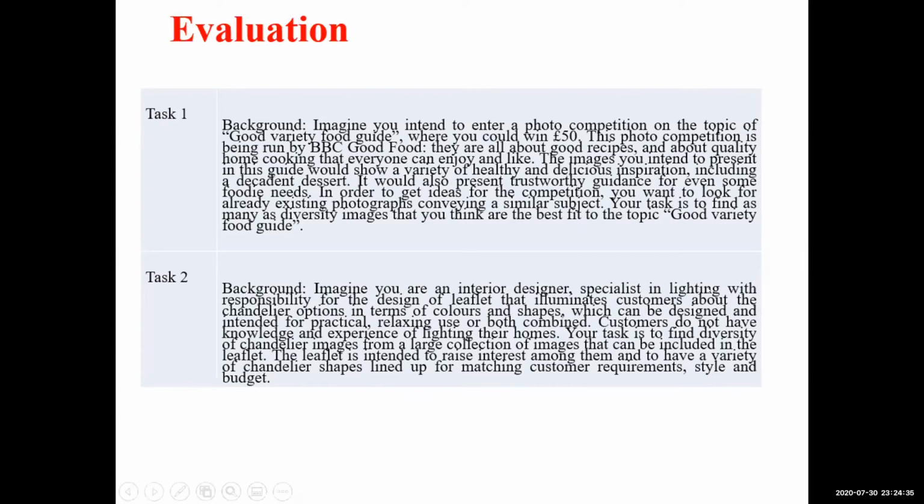The other task is to design a leaflet, which can involve designing different shapes for a calendar and different costs, based on user preferences. They need to apply those two tasks on three systems, so overall six tasks are performed on three different systems.